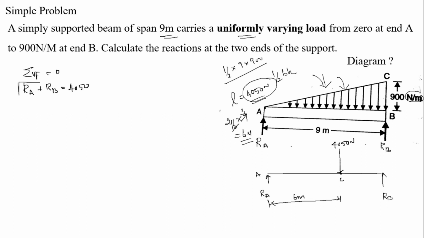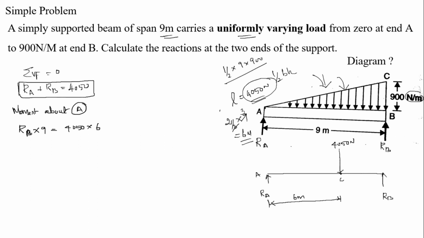So this is the equation. Now we are going to take moment about point A, right? So RB into total distance 9, this is anti-clockwise direction, is equal to 4050 into 6, right?